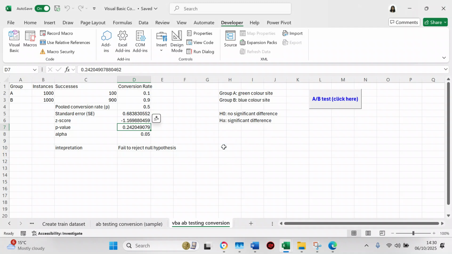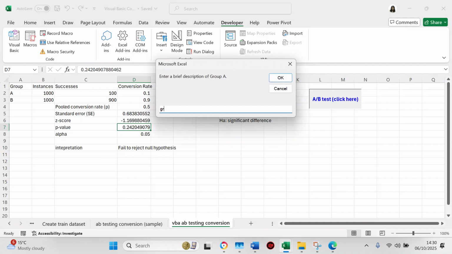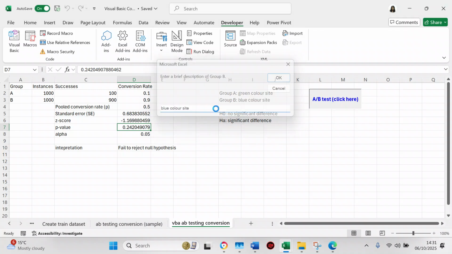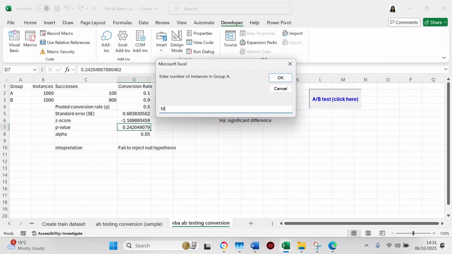So let's try it again. We're going to say 10,000 and 10,000.